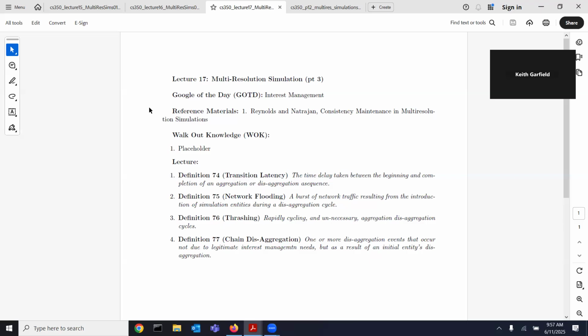And the thrashing occurs because you can have the notion of, oh, here's our area of interest. We bumped into each other. So we have to disaggregate because now we're going to interact at this more intimate level. And everybody here has their own area of interest.